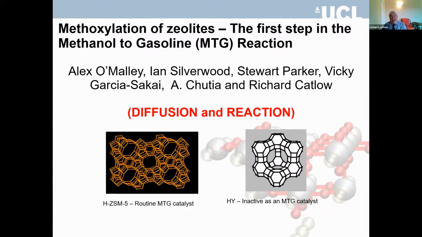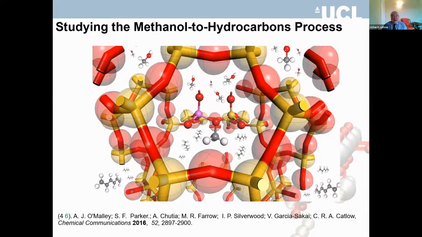The one on the left, HZSM5, is used as what we call a methanol to gasoline catalyst. The one on the right is a wonderful catalyst for catalytic cracking, but it doesn't work as a hydrocarbon synthesis catalyst. Here is the reference to the first paper, there have been several since, that summarize the work that I'm going to describe.